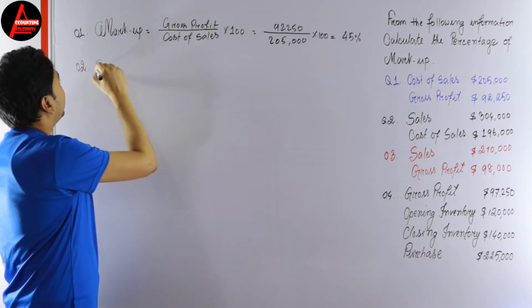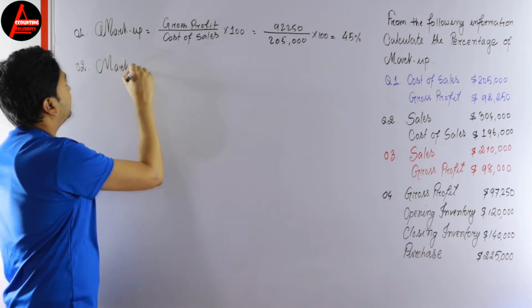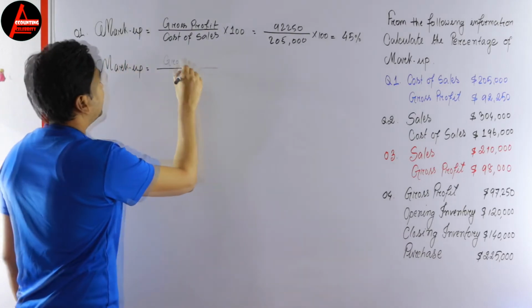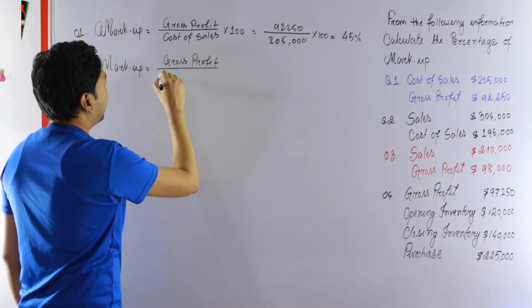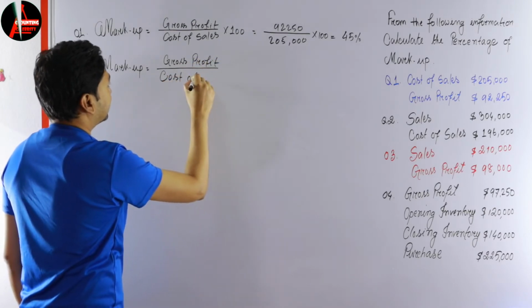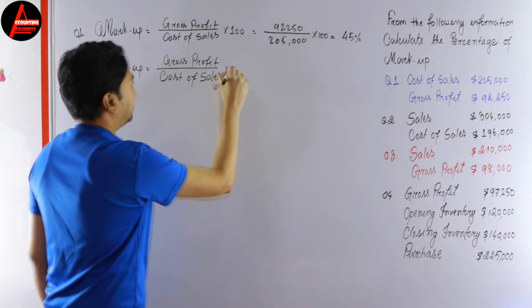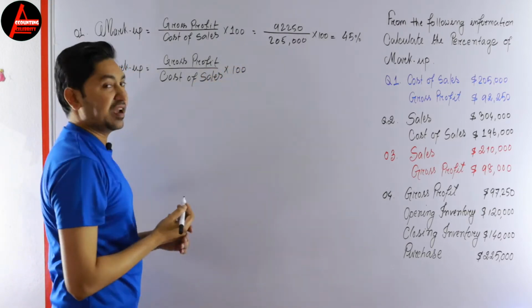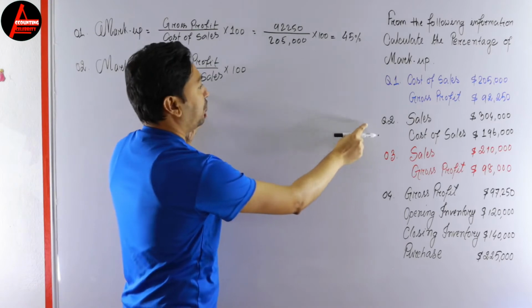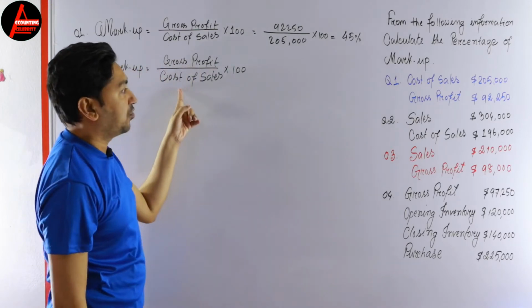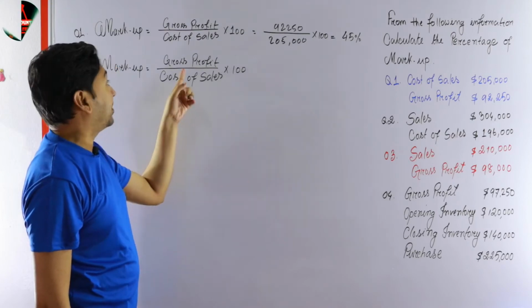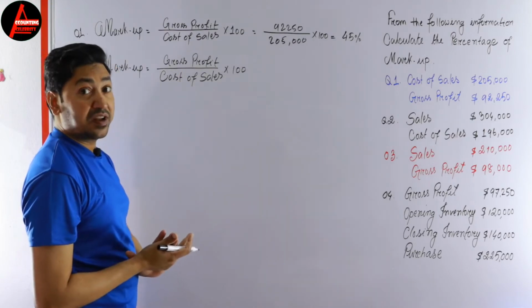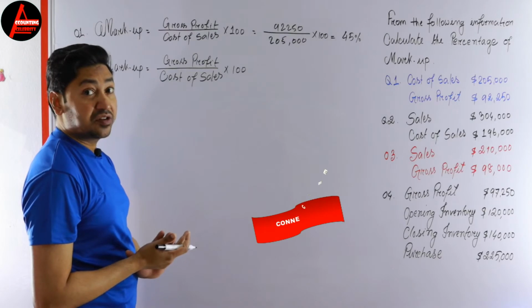Same, let us write here: markup equals gross profit divided by cost of sales times 100. In this question we have only cost of sales, which is $196,000, but there is no gross profit. So how to calculate gross profit?